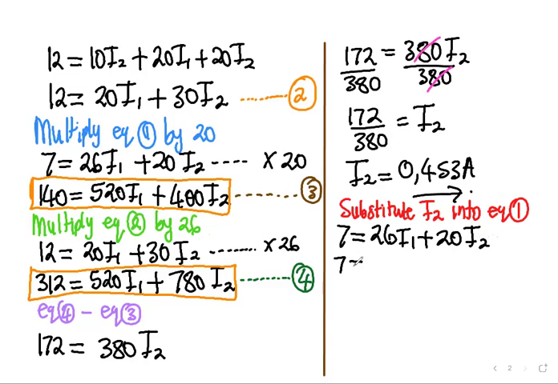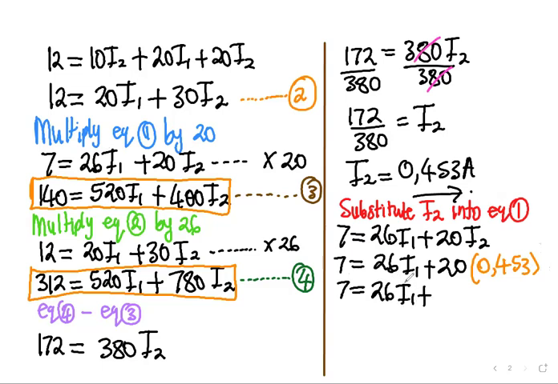So we're gonna say 7 equals 26 I1 plus 20, and then in the place of I2, since we got I2 being 0.453, you write it as it is. So it will be 20 into 0.453. Then it will be 7 equals 26 I1 plus, so 20 times 0.453 gives you 9.06.